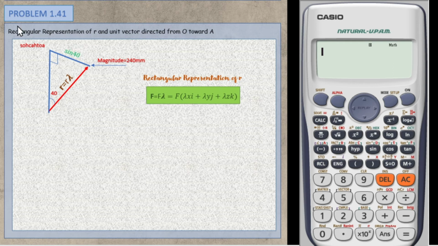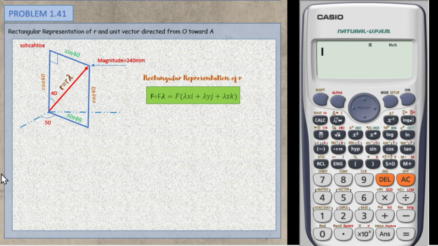Here, this is sine 40 since it is opposite, and this is cosine 40 since this is adjacent. Just like in the problem, this has a parallelogram here. If this is cosine 40, this will be cosine 40. If this is sine 40, then this will be sine 40. Based on our figure also, this is our y-axis and this is our x-axis.